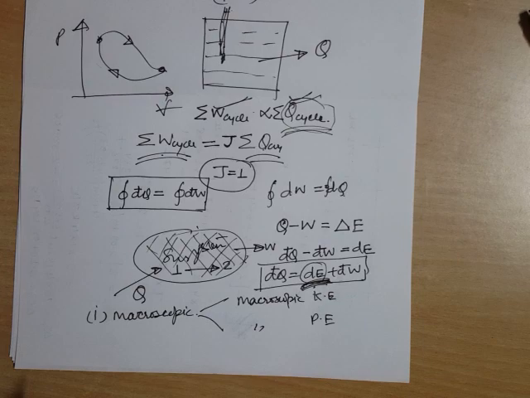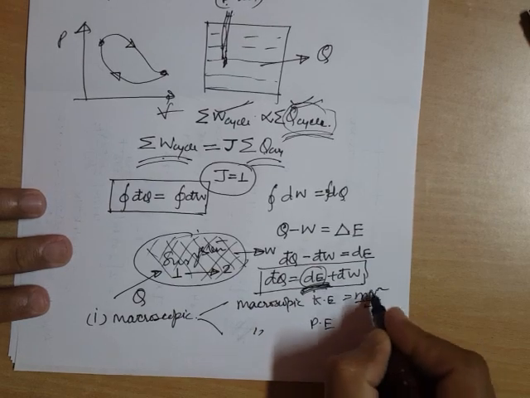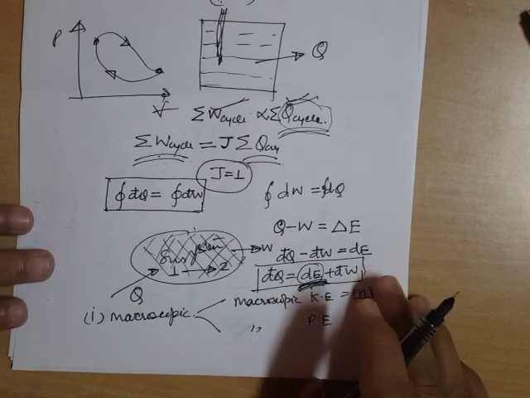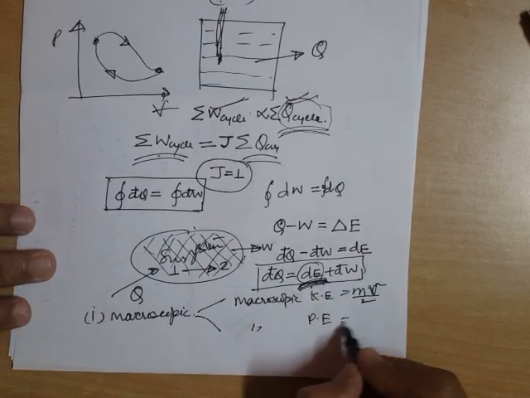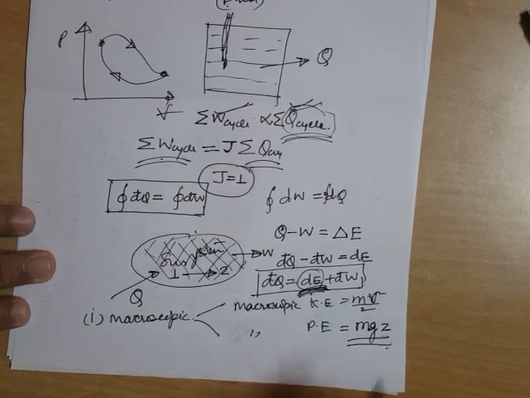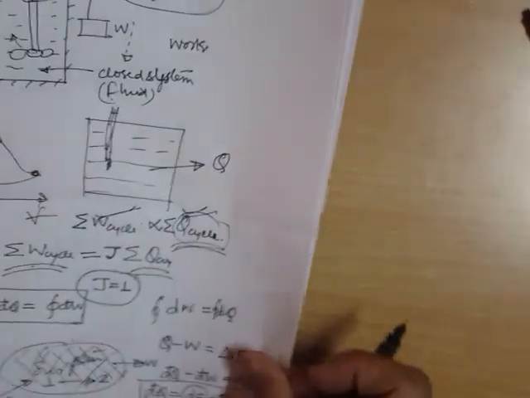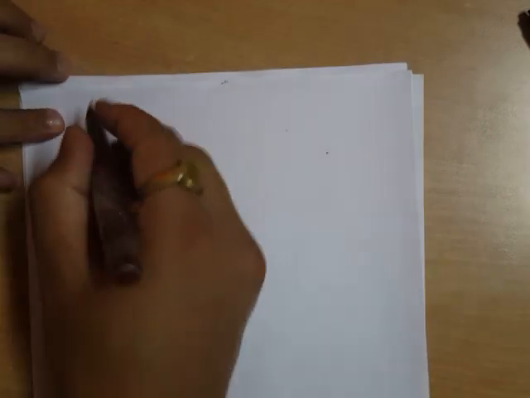If a system is possessing some velocity V, then this will be mV squared by 2, where V is the velocity. And if that particular system is at a certain height, let us say z, then this will be the amount of potential energy stored by that particular system. Now, the second mode of energy storage is microscopic.